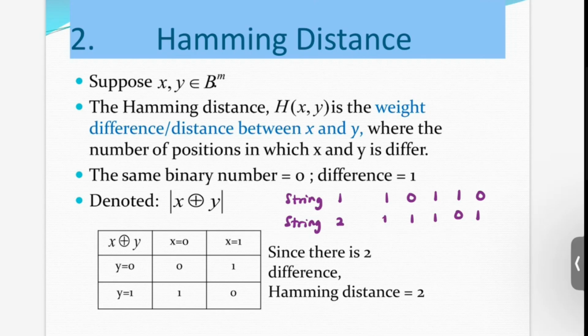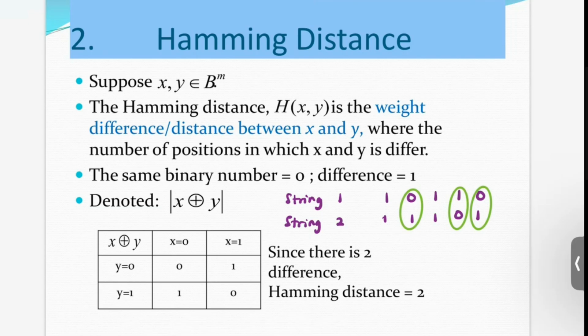Look at the difference. The Hamming distance is calculated by counting the number of positions at which the corresponding symbols are different. Look at the differences: we have 1, 2, and 3.